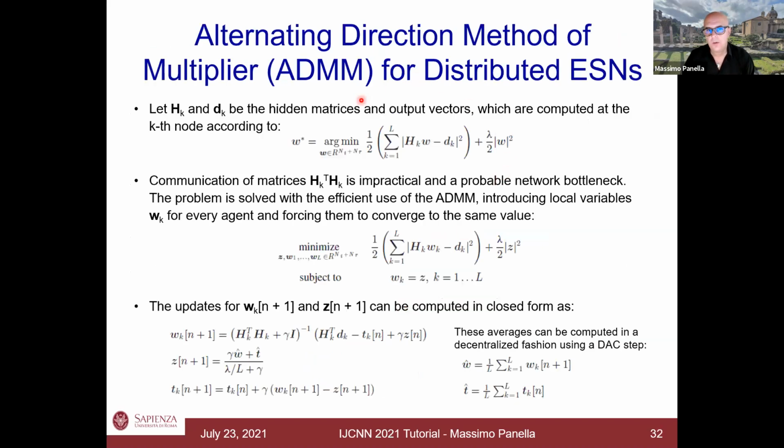And we also developed an extension of the DAC protocol by using the alternating direction method of multipliers, the ADMM approach, where L is the number of nodes. We try to minimize, in a regularized fashion, the linear estimation of the readout part of all the agents in the network.